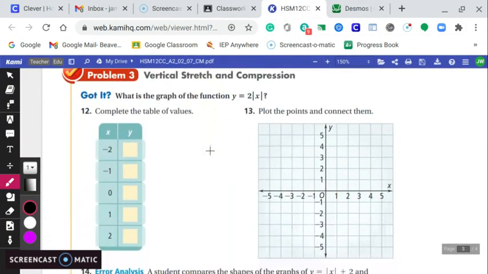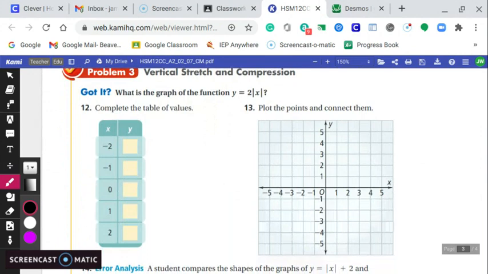So let's go down, talk about vertical stretch and compression a little more before we do our end of the unit activity. And again, you're going to use this as the parent function, and you're just going to plug in these numbers for X. So -2 times 2, which is actually 2 times 2, is going to be 4. And this is going to be 2. And this is going to be 0.